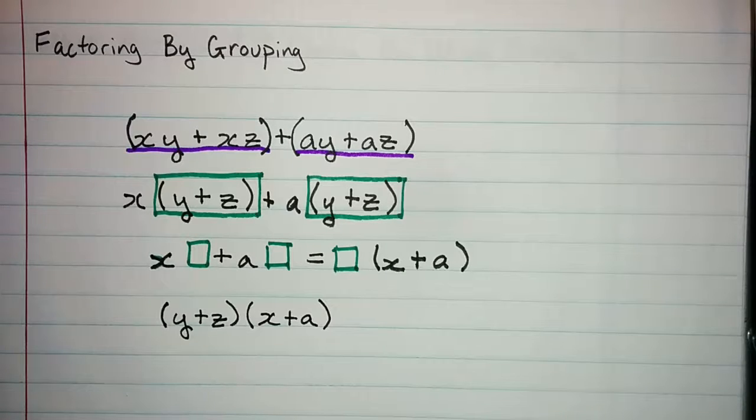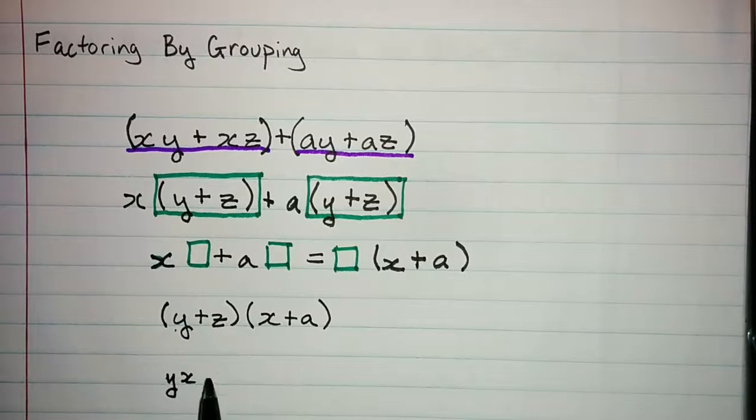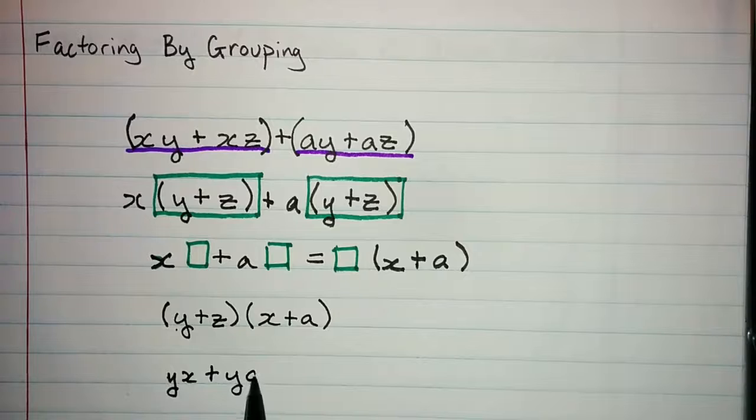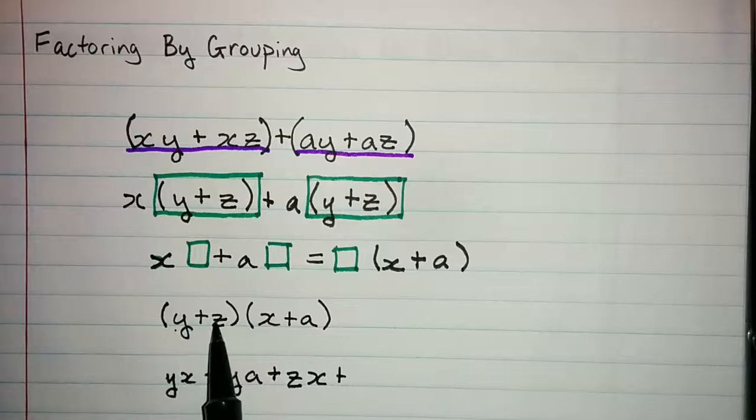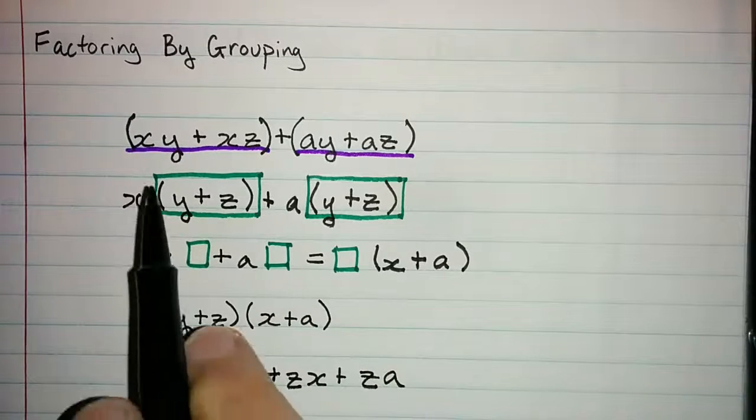Does that work? If I multiply this out, I'll get y times x plus y times a plus z times x plus z times a. And these terms look different than these do, and they're in different orders.